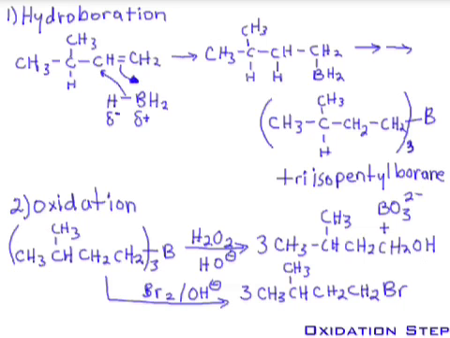So instead of putting an OH on, you could put a bromine on. What's nice is this is another route to antimarkovnikov addition of bromine. Last lecture we looked at antimarkovnikov by a free radical mechanism. Well, this one uses hydroboration-oxidation.